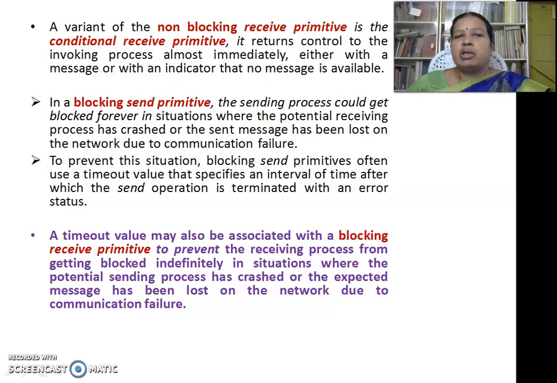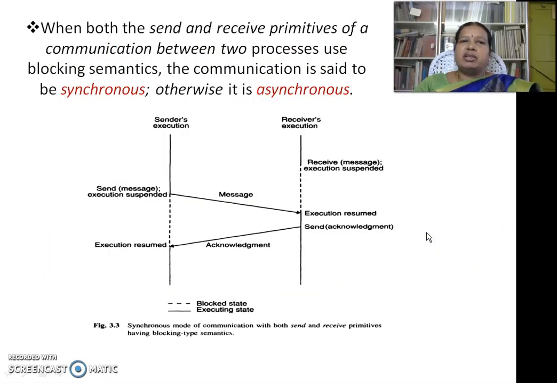A timeout value may also be associated with the blocking receive primitive, to prevent the receiving process from getting blocked indefinitely in situations where the potential sending process has crashed or the expected message has been lost on the network due to some communication failure.